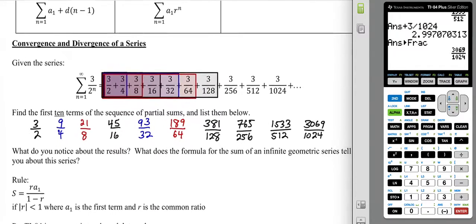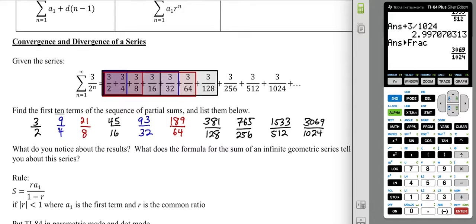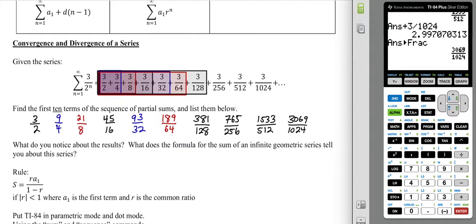So what do we notice about the results? What does the formula for the sum of an infinite geometric series tell you about this series? Well, what do you know about it? They seem to be approaching 3.